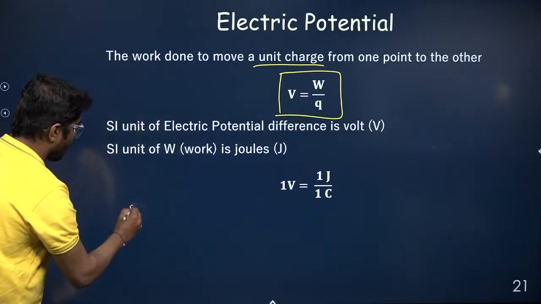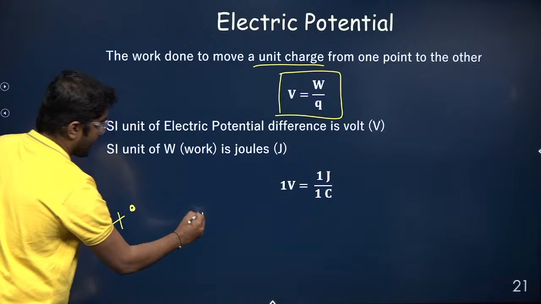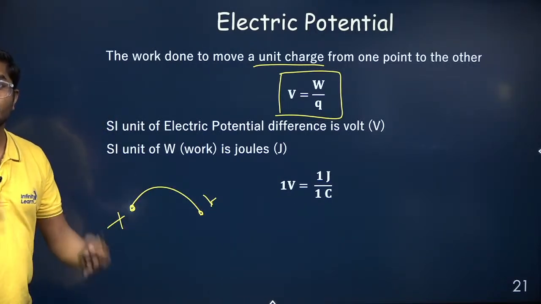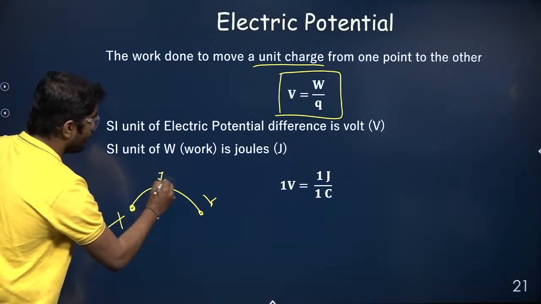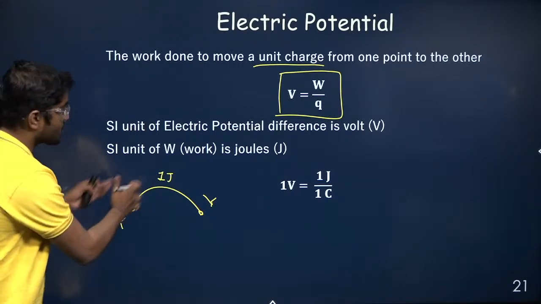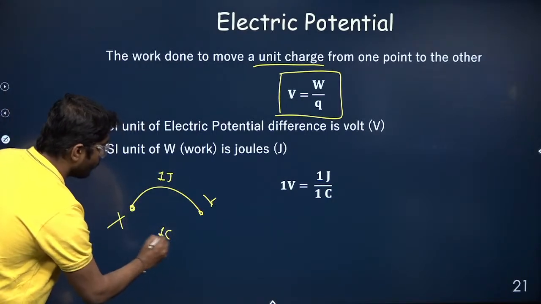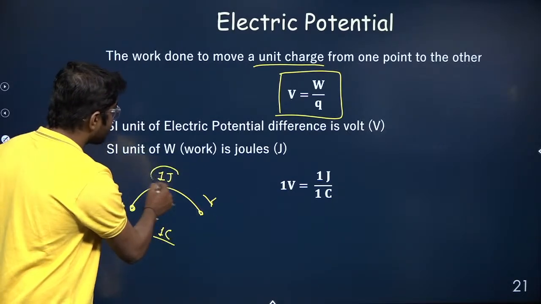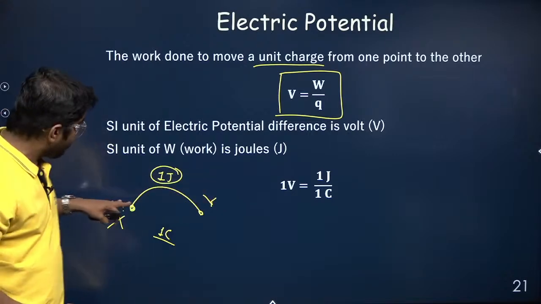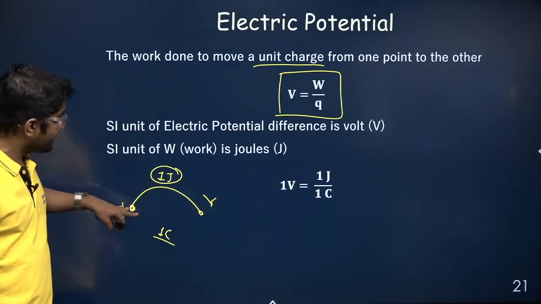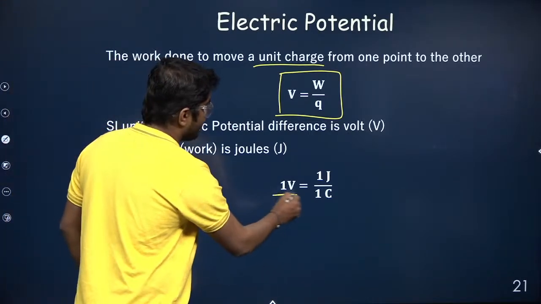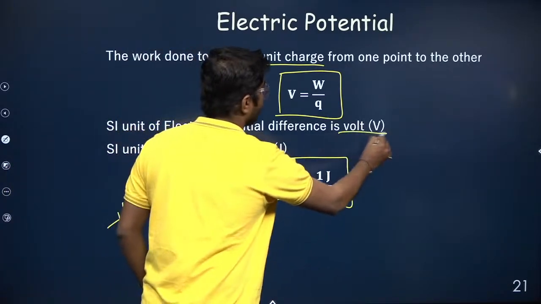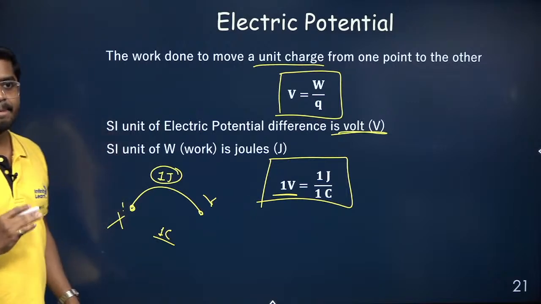Suppose these are the 2 points, point X and point Y. If I do a work of 1 joule to move a charge, let's say the charge is 1 coulomb, from X to Y and the work done is 1 joule, then we say the potential difference between these 2 points is 1 volt. So volt is the unit of potential difference. Correct?